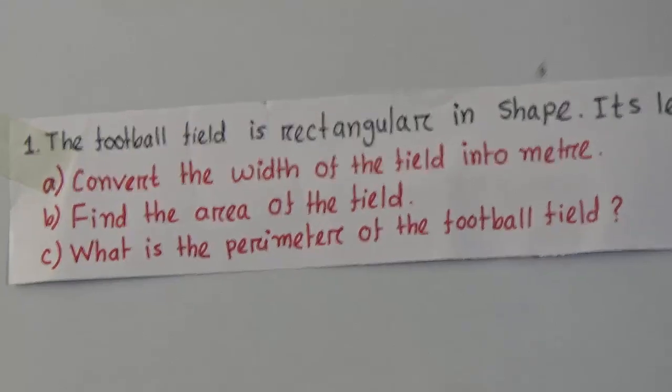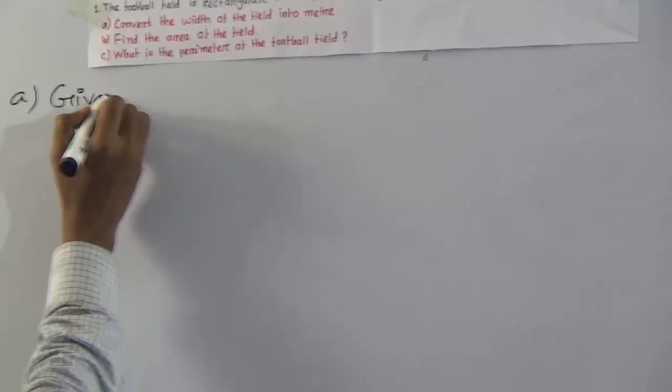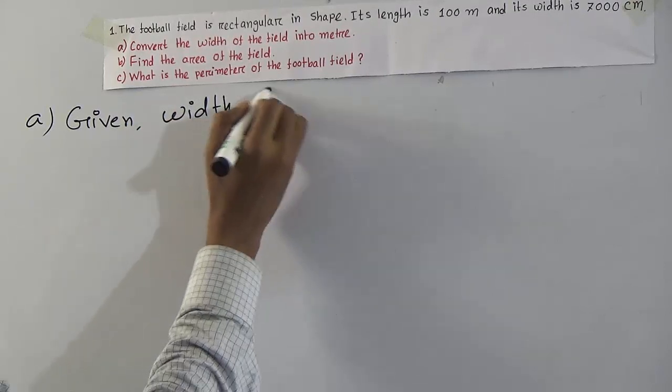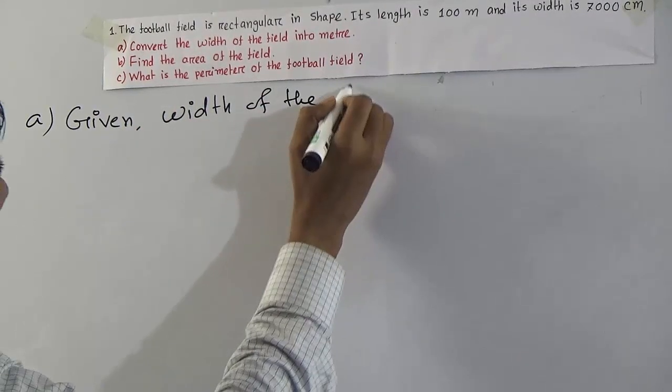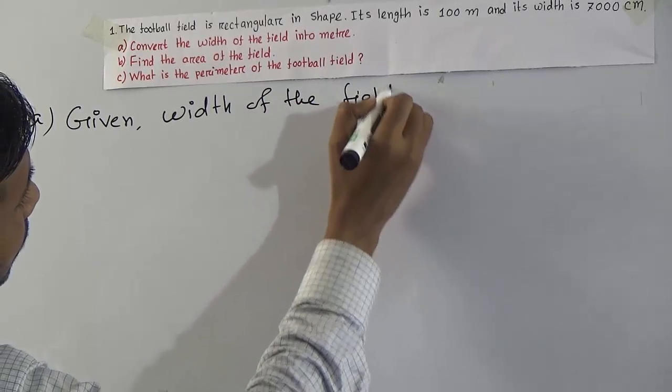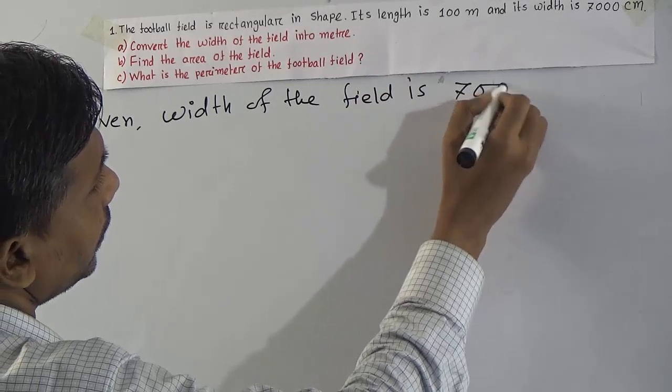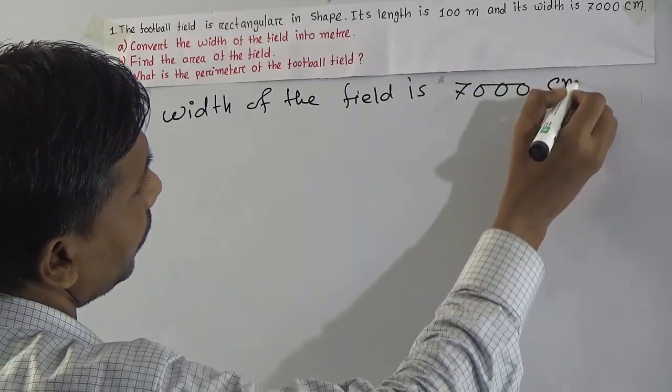Write A number, given width of the field is 7,000 centimeters.